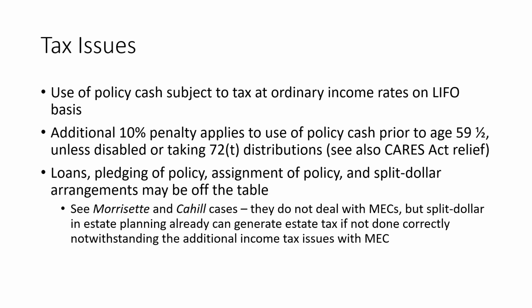But you also have, like with annuity distributions or withdrawals, an additional 10% penalty tax that can apply if you use the policy cash prior to reaching age 59 and a half. Now, you can get around that if you take a distribution for disability or take 72T distributions, which are structured to be paid out over your lifetime in equal amounts. So if you annuitize, this could potentially help you to give some relief, but not full relief necessarily.